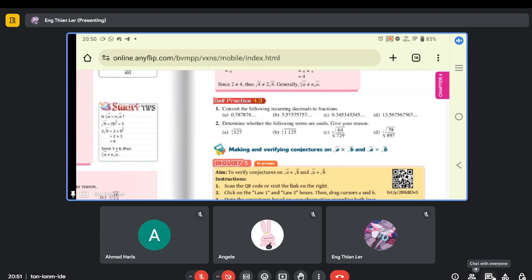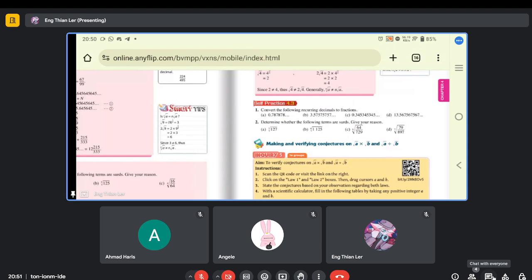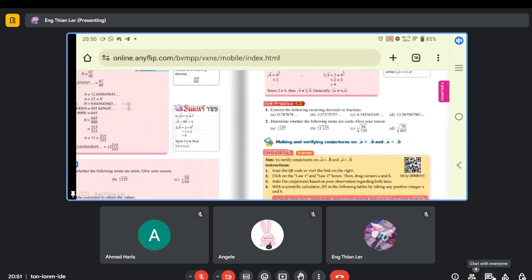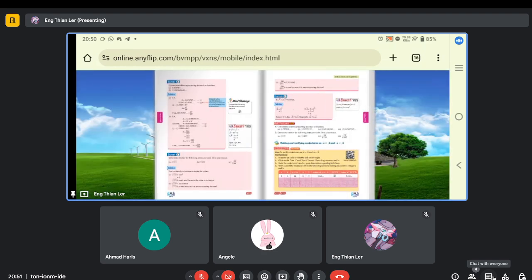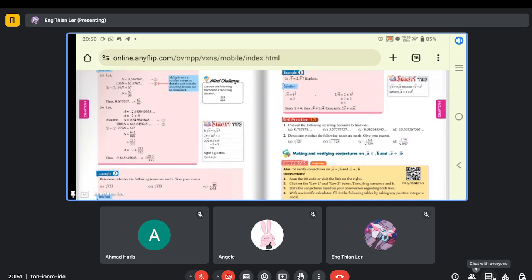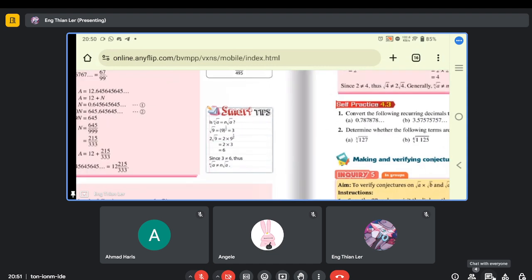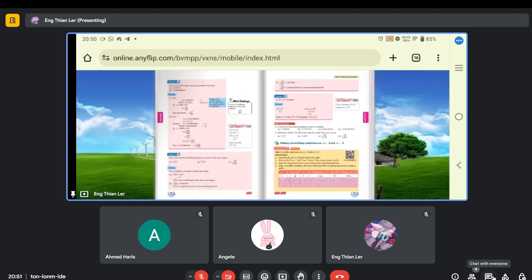Oh my god. We still have 40 minutes left. I think we can enter logarithm. Are you all okay if I enter logarithm already? Do you think it's too fast? Or do you have any question to ask? Alright.